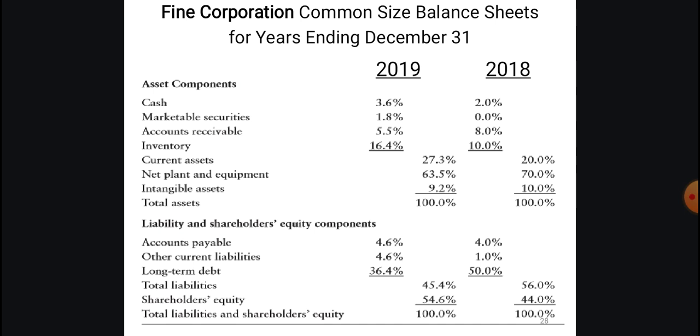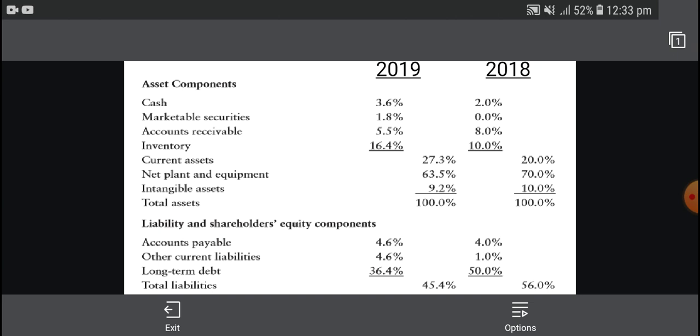So totally every component of the balance sheet item is compared against this benchmark. In the same way, the liabilities are compared against total liability and the total shareholders equity, which is considered as a benchmark. Therefore, from this, one can easily understand the trend of the component of the balance sheet relative to the benchmark, which is total asset, for the year 2018 and 2019.